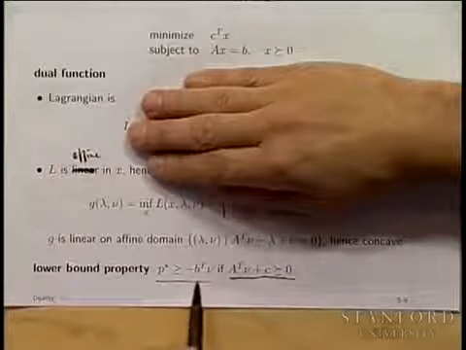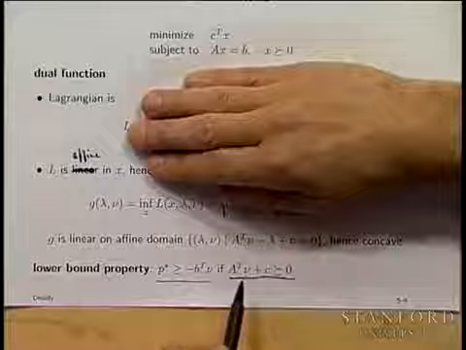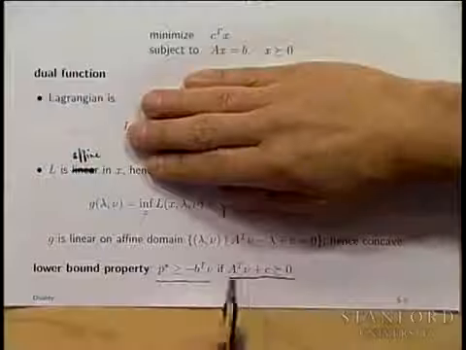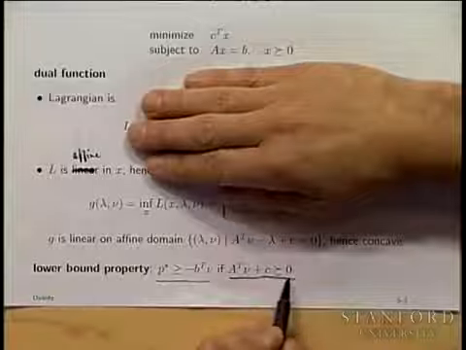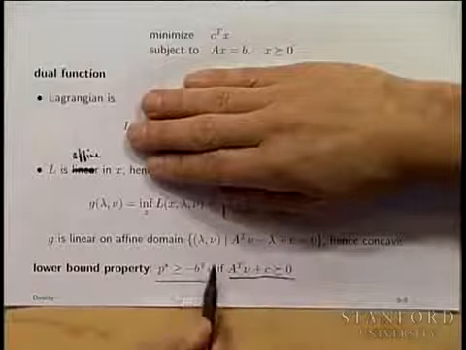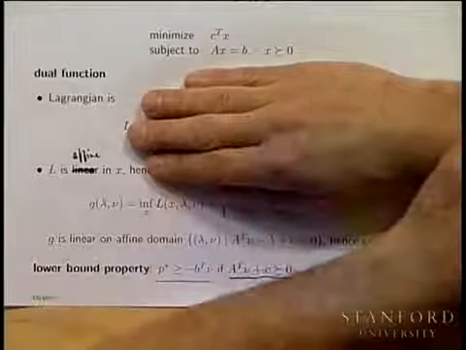If you find any vector nu by any means, doesn't matter how you find it, it's no one's business how you found such a nu. If you find a vector nu such that A transpose nu plus C is a non-negative vector, then you evaluate minus B transpose nu. That's a lower bound on this LP, period. Okay? Well, it strings together 3 or 4 totally obvious things, but I think you come up with something that's not obvious. Okay?